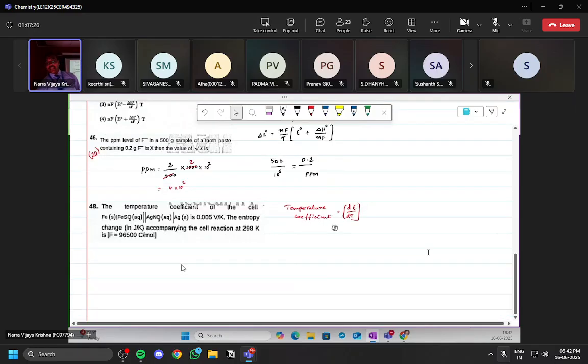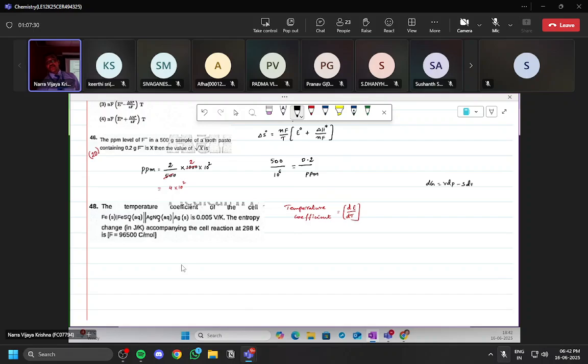See this. dG equals VdP minus SdT. If pressure is constant, what will I write? dG equals minus SdT. So dG by dT at constant pressure is equal to minus S. So d delta G upon dT at constant pressure is equal to minus delta S. Instead of delta G, I am writing minus nFE.